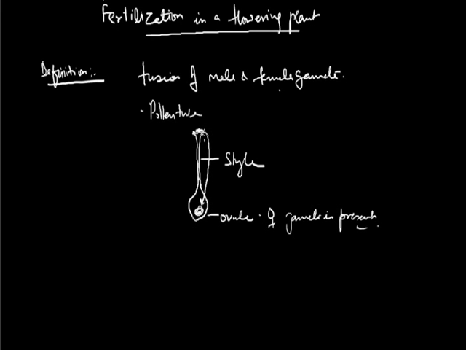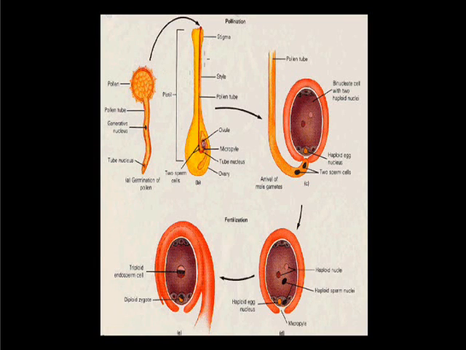The formation process is different, but the contents are two male gametes from the pollen grain, which are released into the embryo sac. See, with the help of this beautiful diagram, we can understand the formation of the pollen tube.